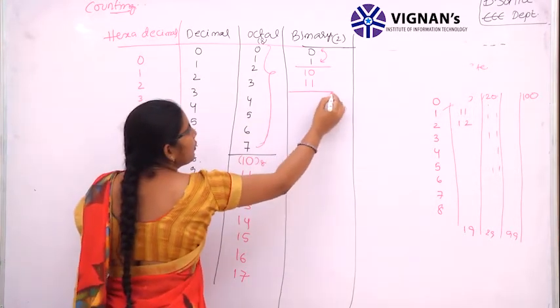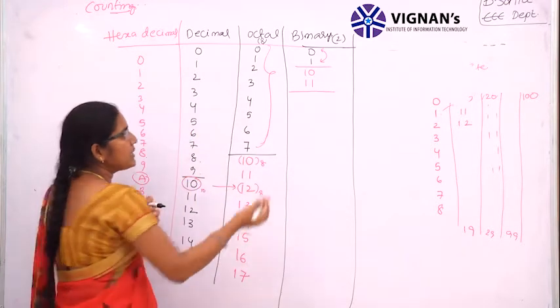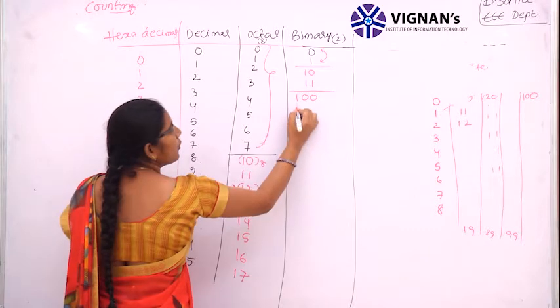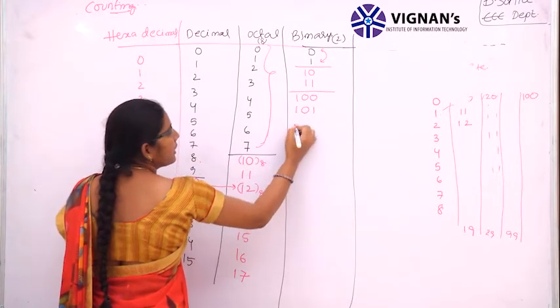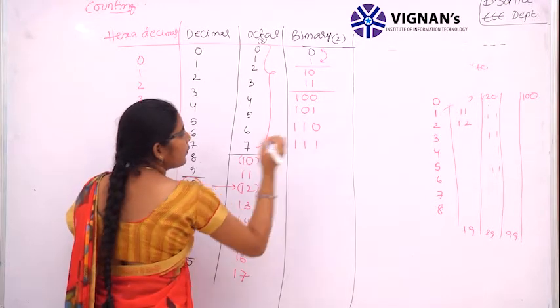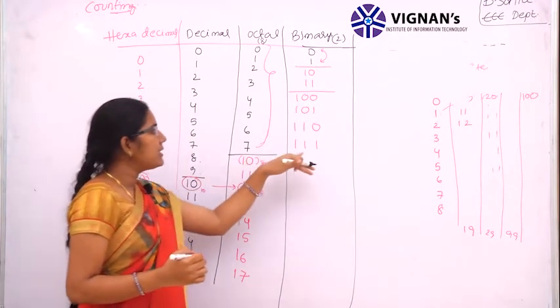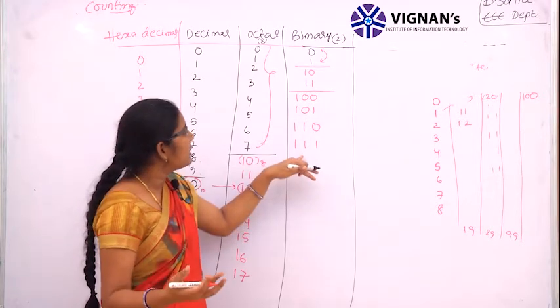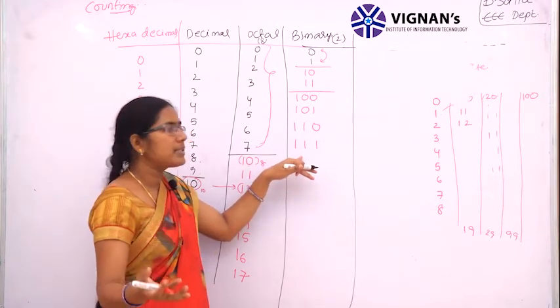So next we'll go for a 3-digit combination, that is 100, 101. Next we'll have 110, 111. After this number, we cannot write any 3-digit number in the binary number system.